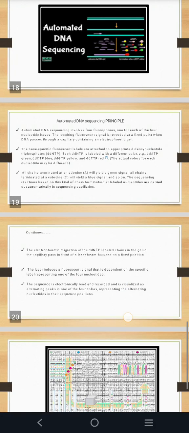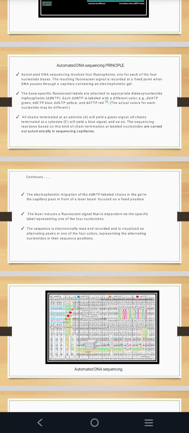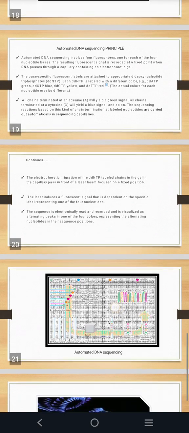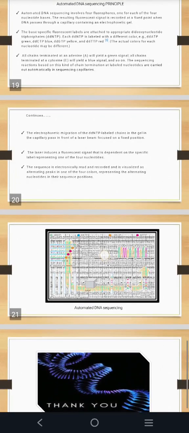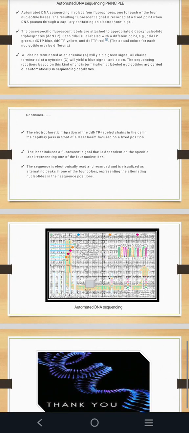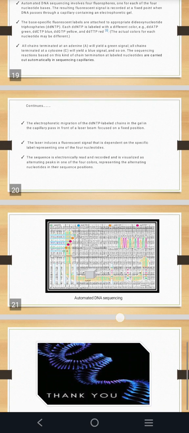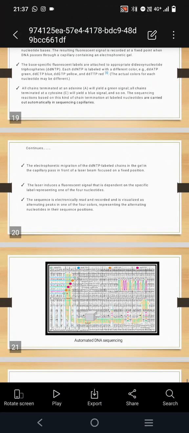Next, automated DNA sequencing. Automated DNA sequencing involves four fluorophores, one for each of the four nucleotide bases. The resulting fluorescent signal is recorded at a fixed point as the DNA passes through the capillary containing the electrophoretic gel. The base-specific label is attached to the appropriate dNTP. Each dNTP is labeled with a different color, for example green, blue, yellow, and red.